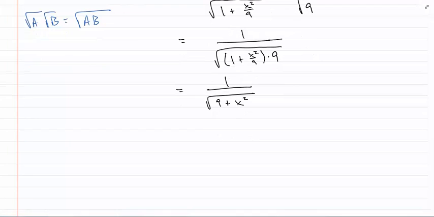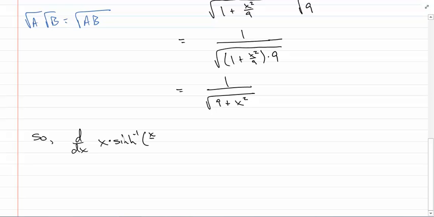Okay, so the derivative of x times the inverse sinh of x over 3 by the product rule. Product rule says it's the derivative of the first times the second.